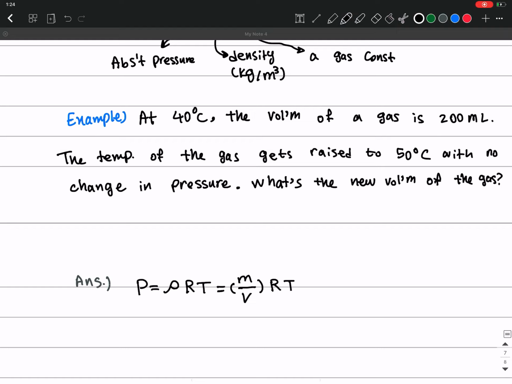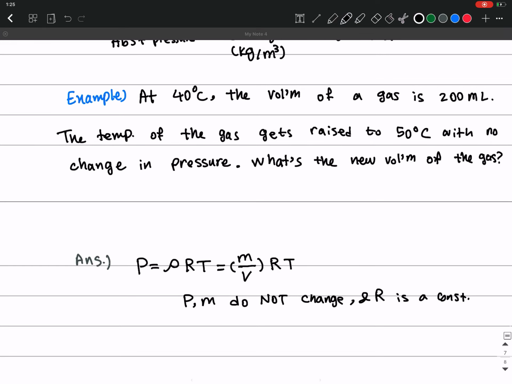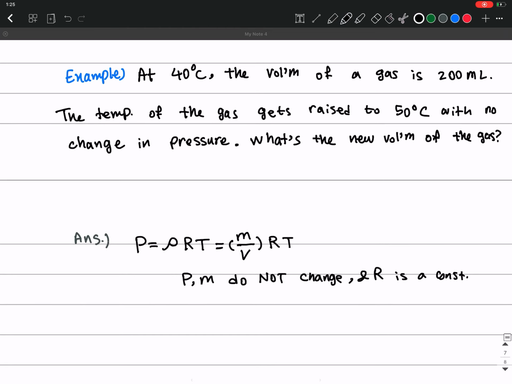During this transition from 40 to 50 degrees Celsius, P and M do not change, and we know R is a gas constant. So I can take all the constants to one side of the equation and see what I'm going to have.